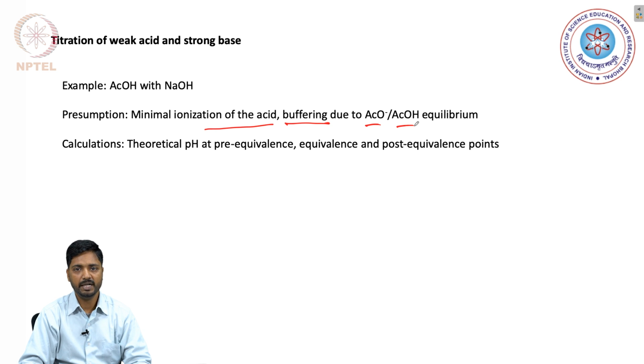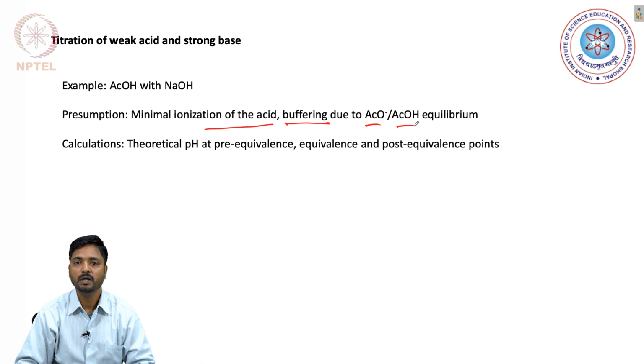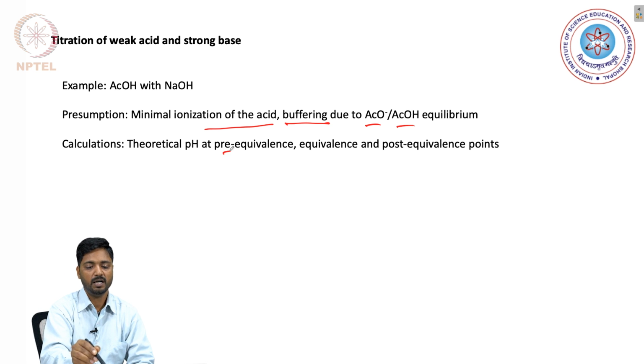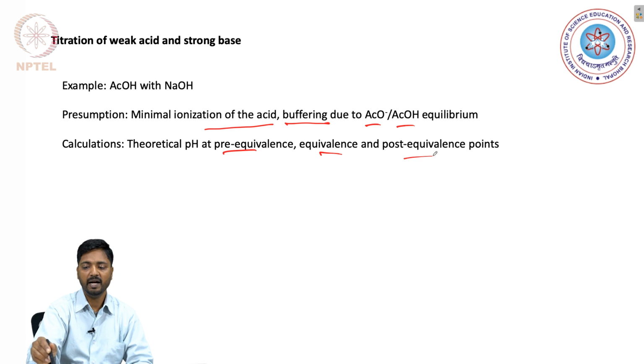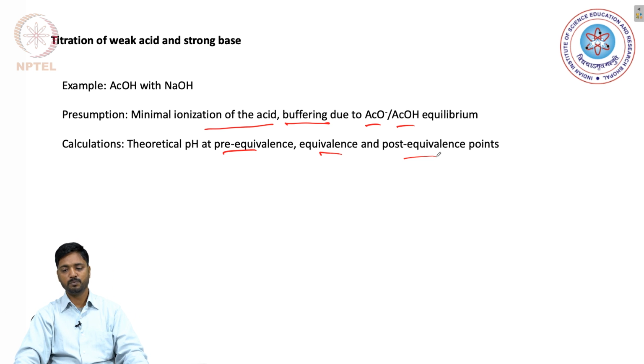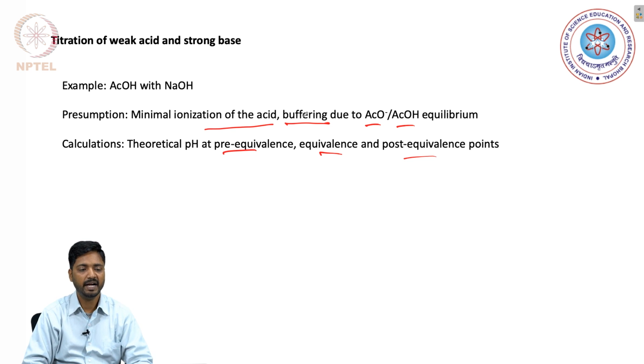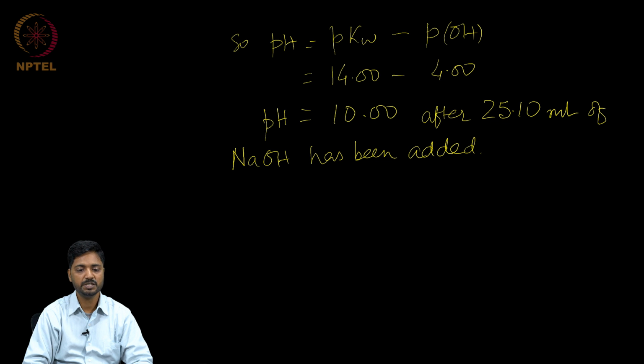This will induce a slower decrease or increase in the pH, so what we need to do now is to calculate the pH again at the pre-equivalence point, the equivalence point, and the post-equivalence points. So let us go back to the board and start doing some calculations.